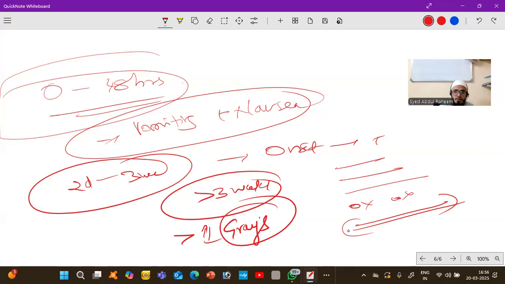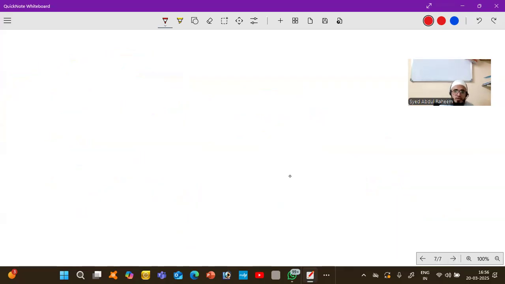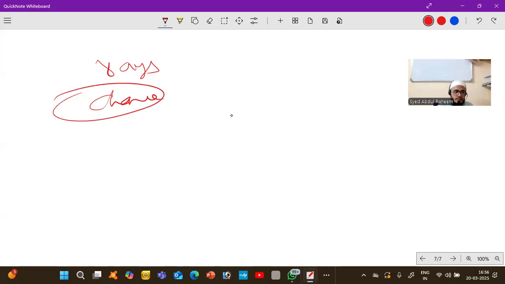Okay, now what happened? We discussed different types of rays. Some rays are by chance, some rays are deterministic. What does that mean?